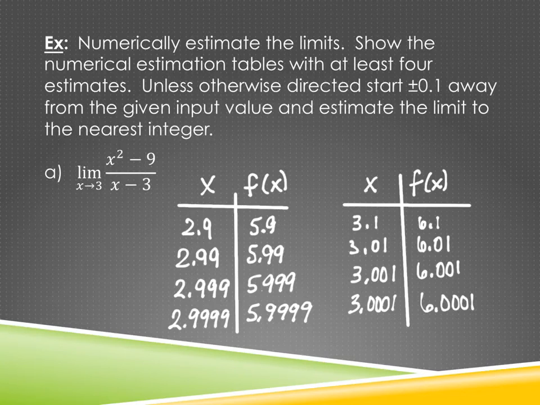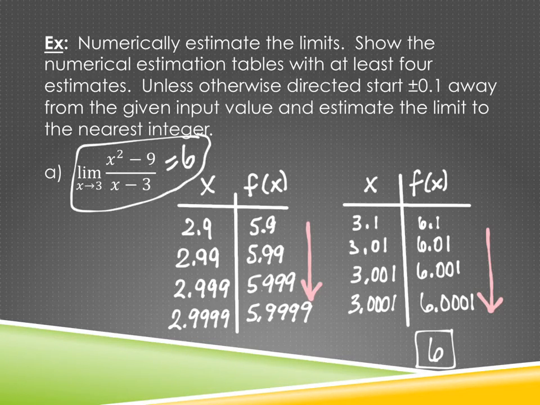Okay, very nice. And what we're wanting to do is look down our table and ask ourselves, what y value am I getting close to? And the answer is 6. Therefore, our approximation for our limit is 6. So the notation is that the limit as x approaches 3 of x squared minus 9 over x minus 3 is actually 6.